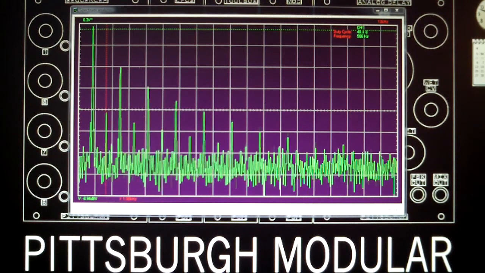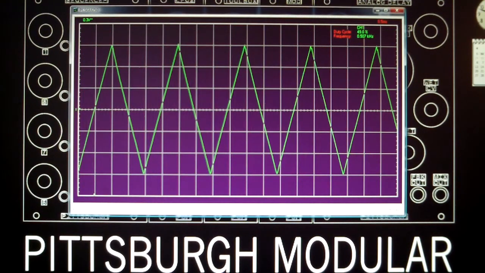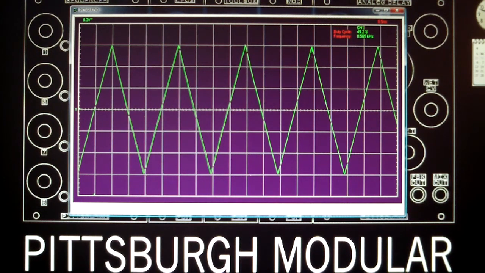Switching back to the oscilloscope screen, I'm going to gradually morph from a triangle wave to the sawtooth wave.